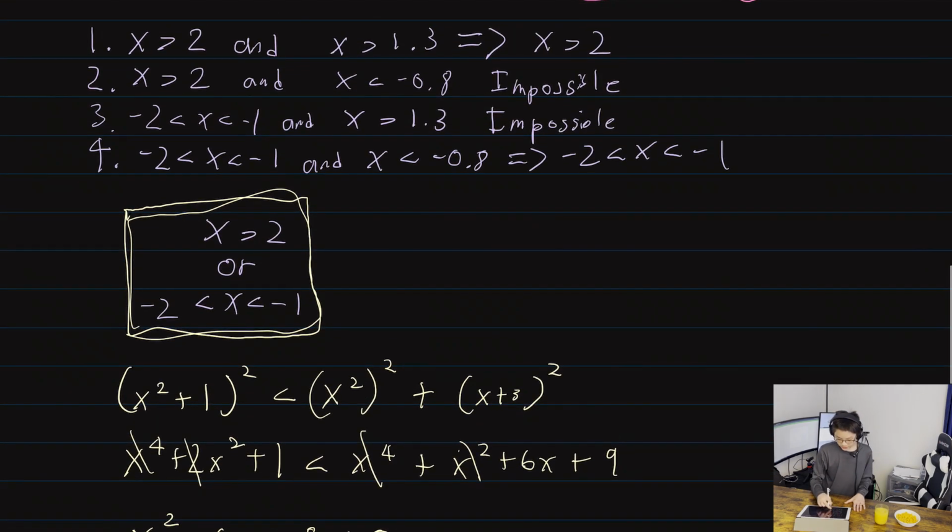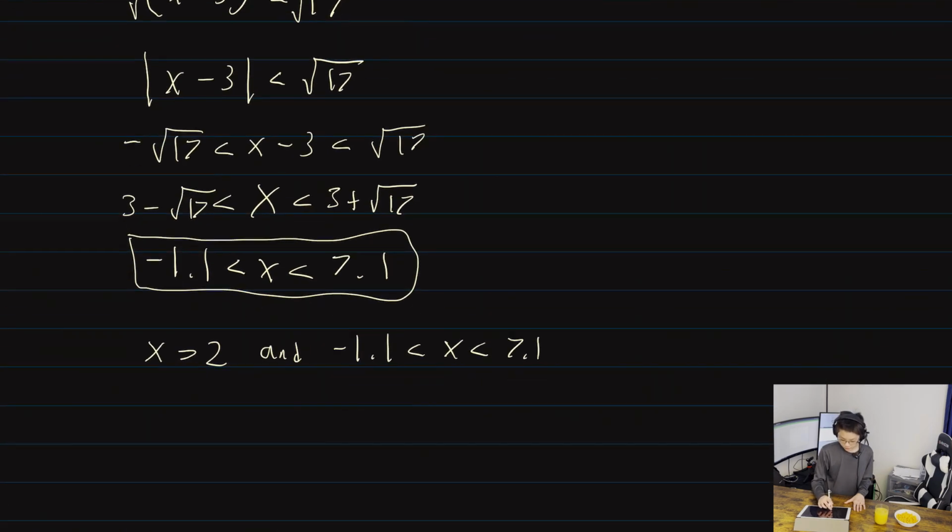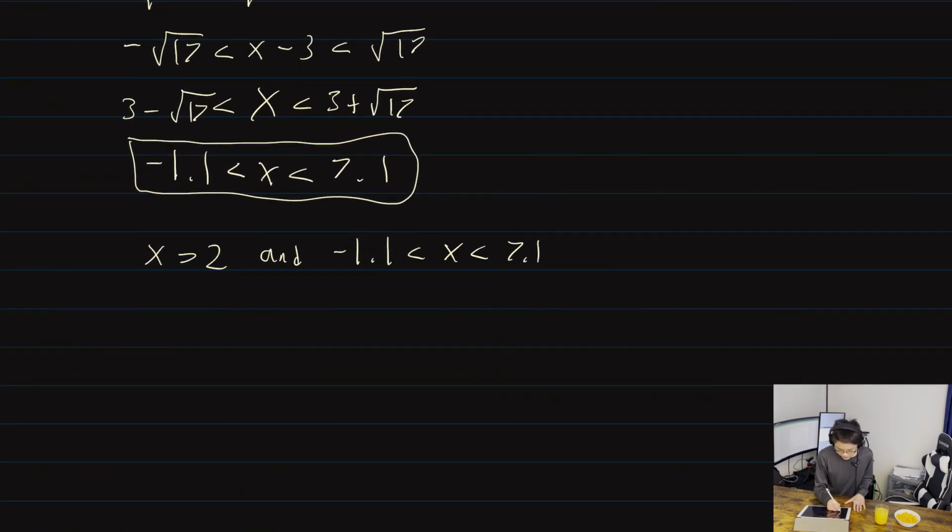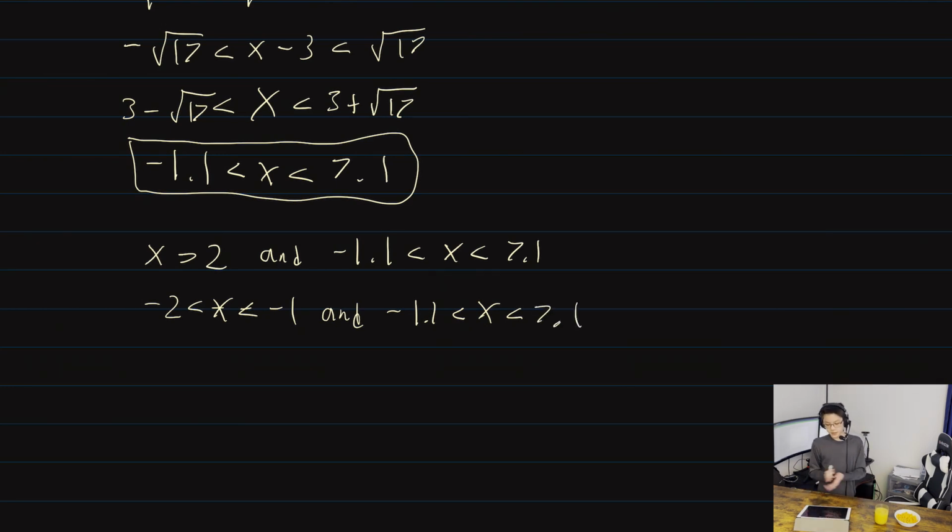If we go back up here, x is in between negative 2 and negative 1, and we just have what we have here, so negative 1.1 is less than x, and x is less than 7.1.